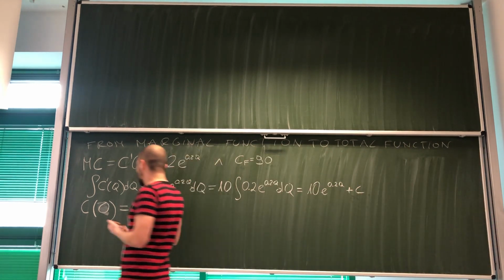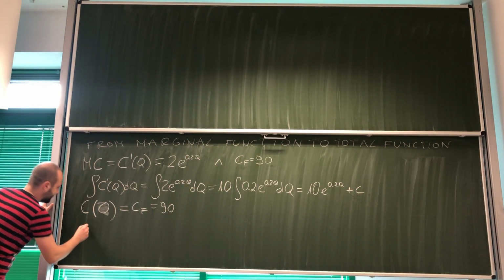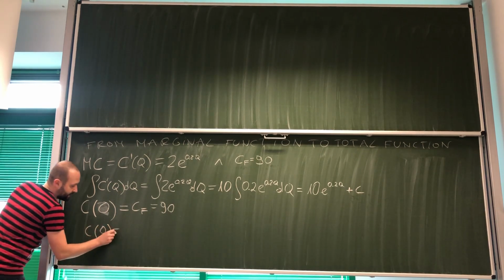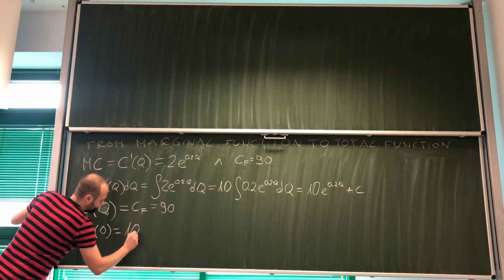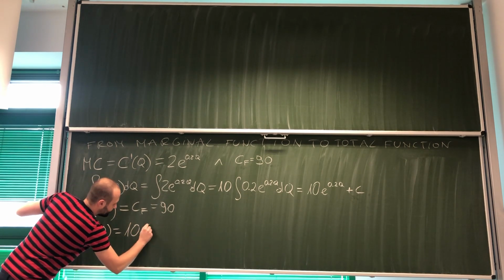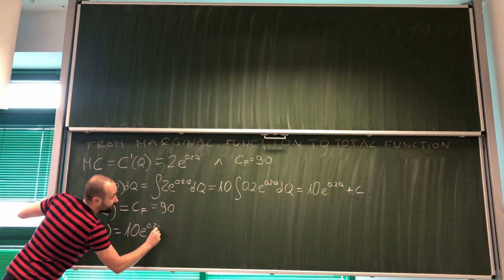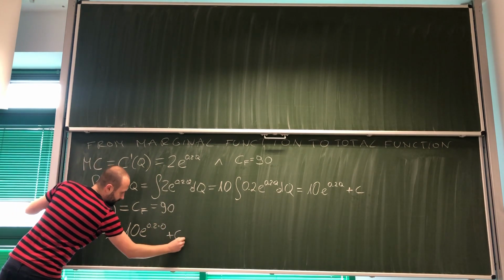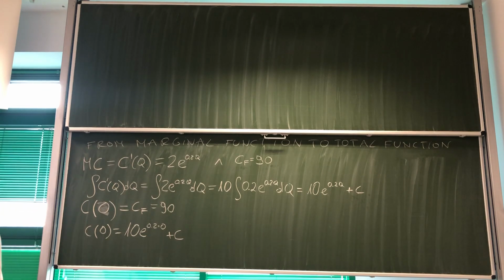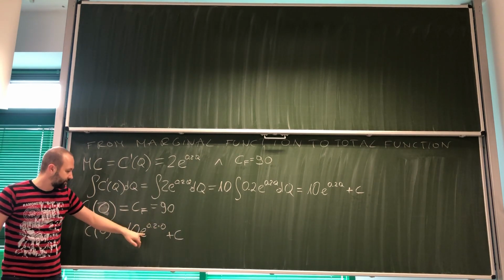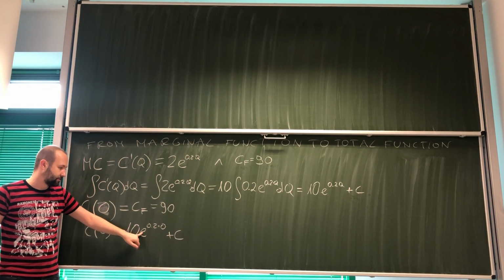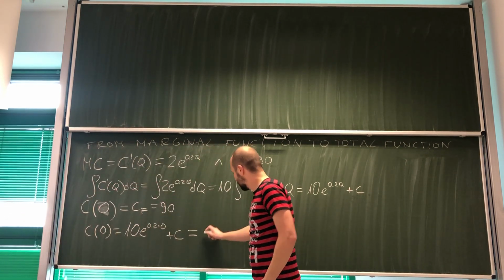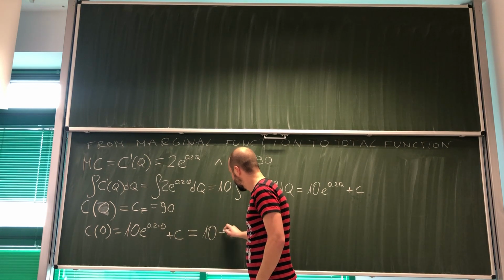So we can also calculate that C of 0 is 10e to the power 0.2 times 0 plus c. And of course, 0.2 times 0 is 0, e to the power of 0 is 1, so this is 10 plus c.